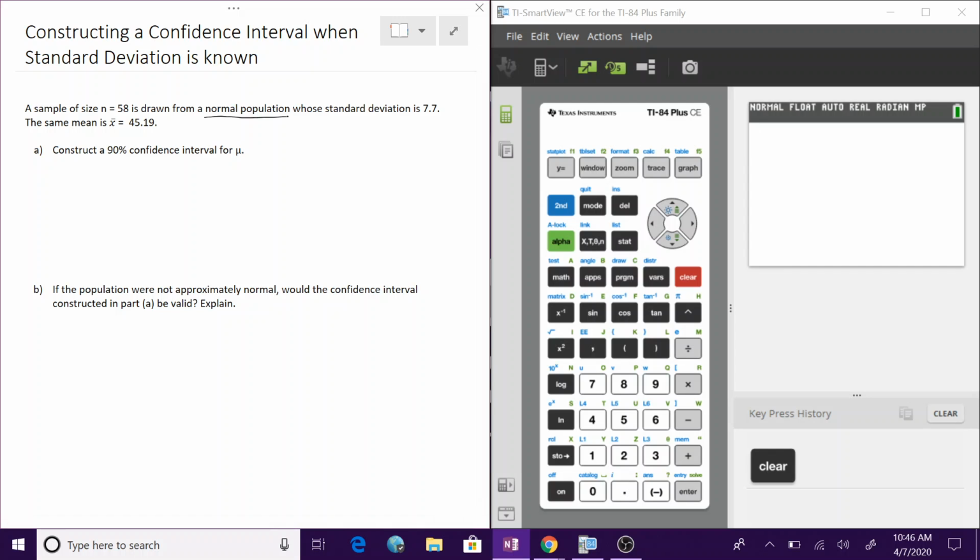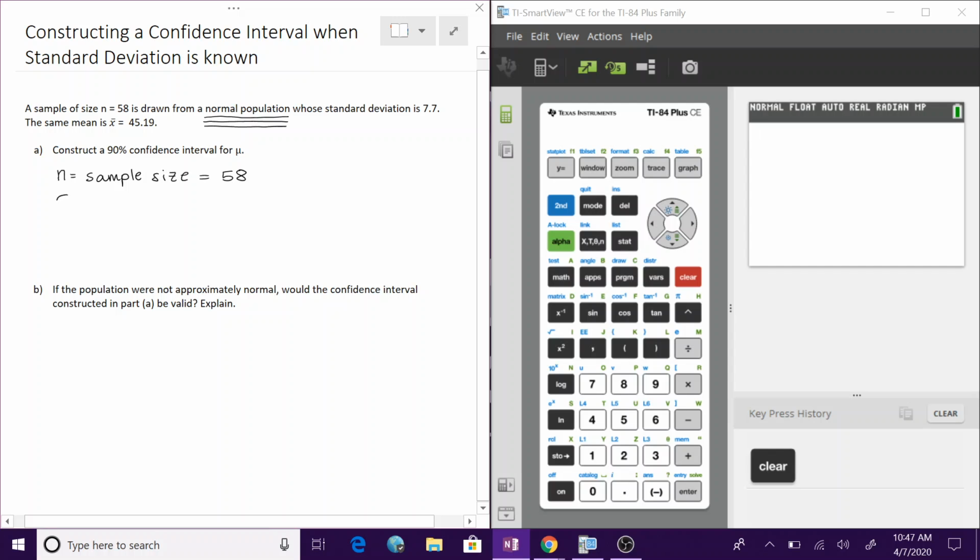So some of the things that you need to know about our problem are the following. The first thing we need to know is what our n value is, or our sample size. And it tells you specifically in the problem that n equals 58. It is also important to remember that it says that it is a normal population in our problem.